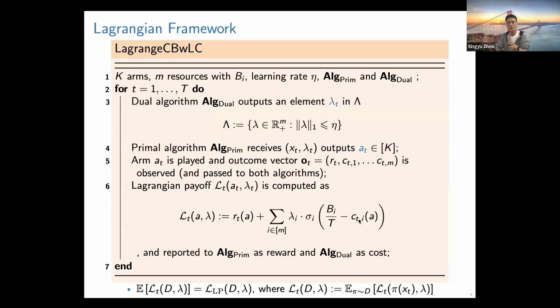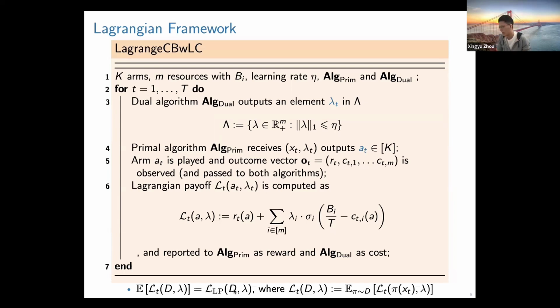You pass this value to the primal algorithm as a reward, that is your primal player's payoff, and it will also be passed to the dual player as a cost. This is basically a zero-sum game. And this Lagrangian t, if you take the expectation, will give you the expected Lagrangian, which is the equation we defined in the last slide. So this is the whole point.